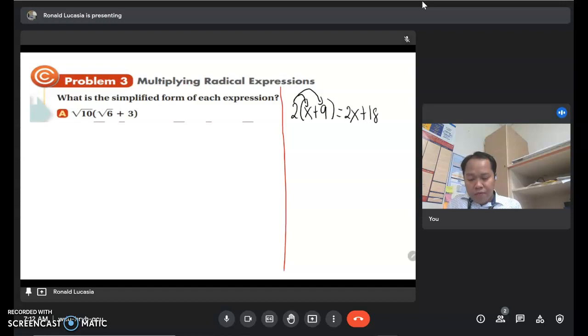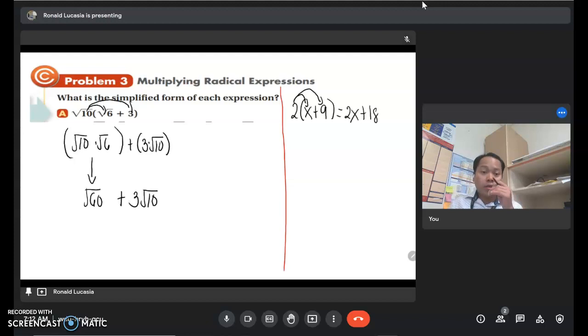So the square root of 10 times the square root of 6, and then the square root of 10 times 3, that's 3 times the square root of 10. So the square root of 10 times the square root of 6, that's the square root of 60, plus 3 times square root of 10 is 3 square root of 10.